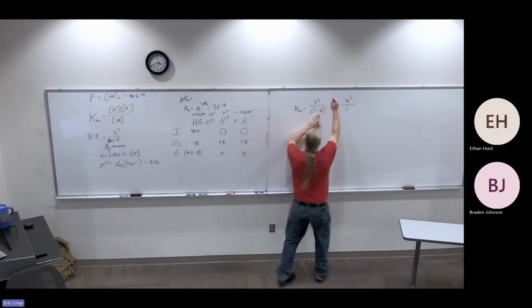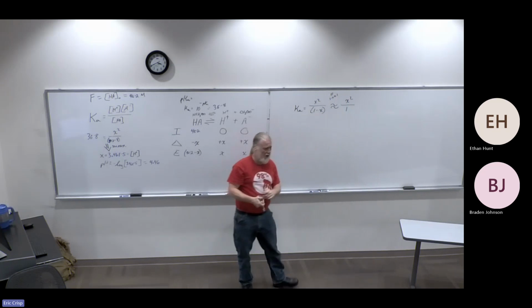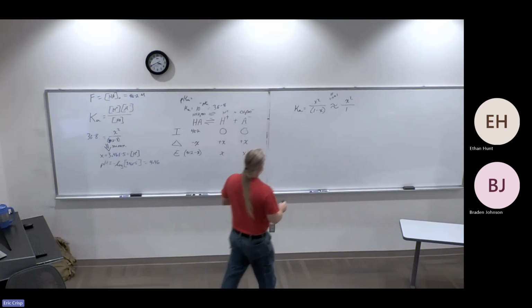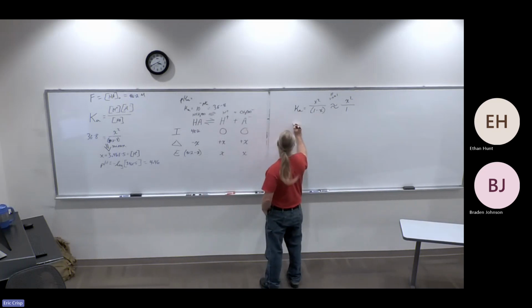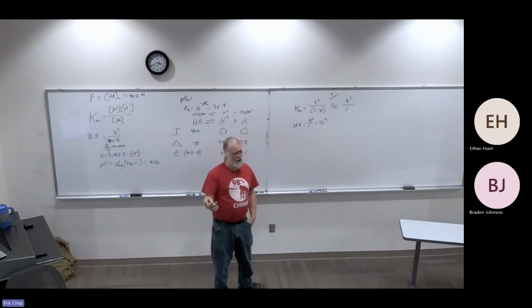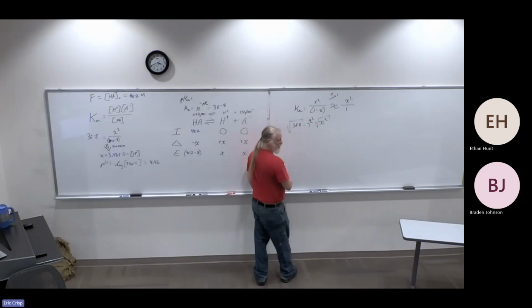Because you're thinking 1 minus x is not significantly different than 1 if x is really small, right? Does that make any sense? So that's the approximation there. So then we have Ka equal to x squared over 1, x squared, right? Then you just take the square root of both sides. Yes? So what did you get here, Owen?